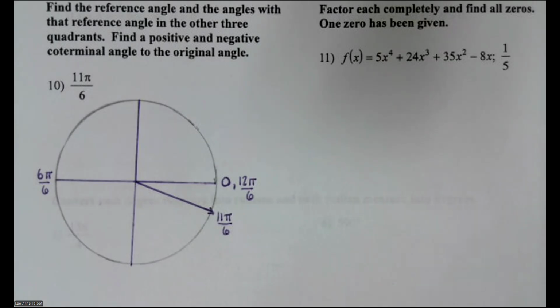Okay, before I move on, I want to make sure that this makes sense. Everybody okay with it? I know it's not the perfect location of 11 pi over 6, but you get the idea.